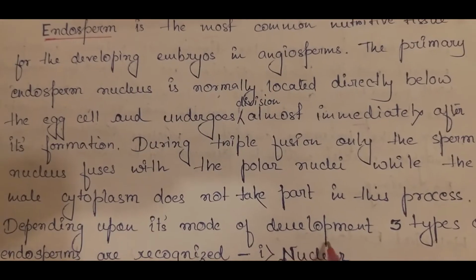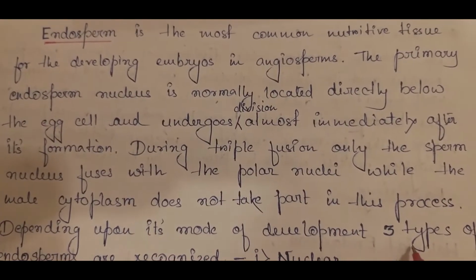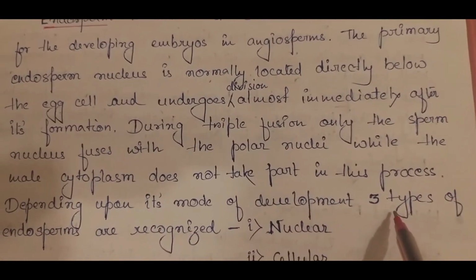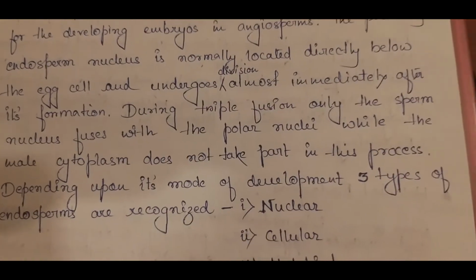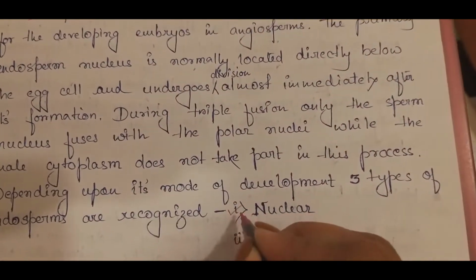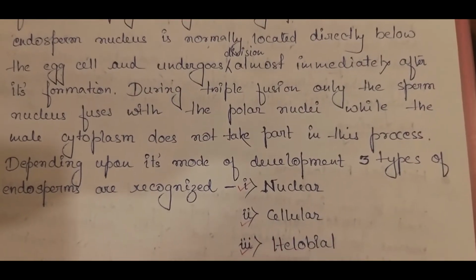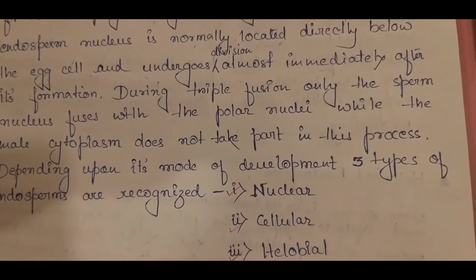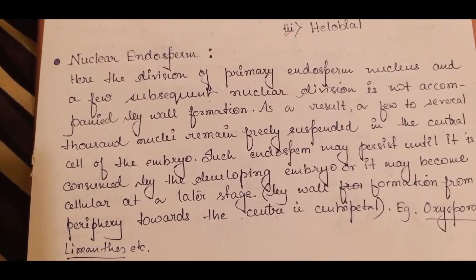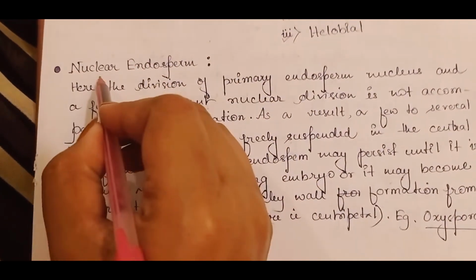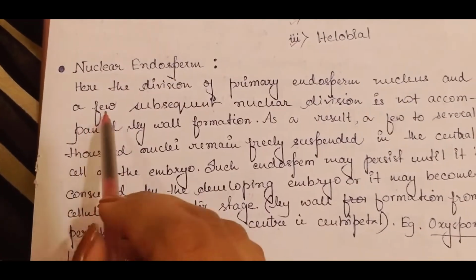Depending upon its mode of development, there are three types of endosperms. One is the nuclear, the other is cellular, the third is helobial. So let's start with nuclear endosperm.